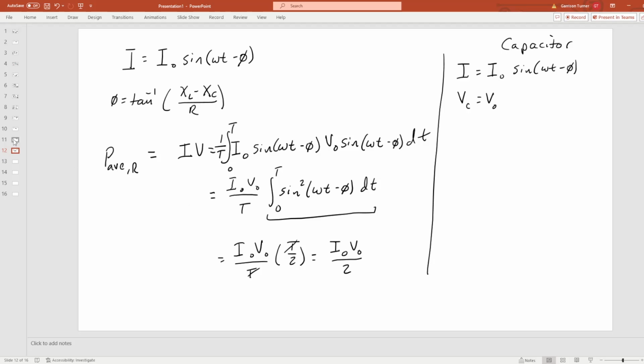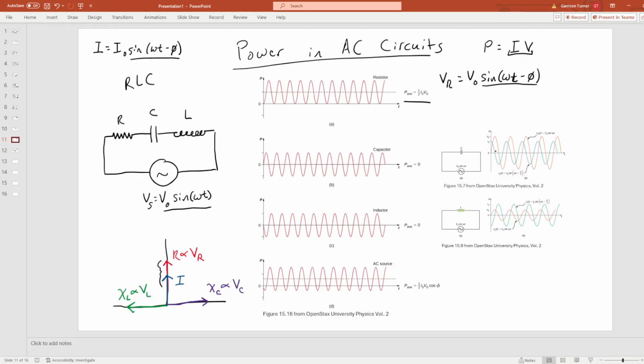Actually, let's come back here. If we call the voltage the sine function, then the current is going to lead that by 90. Okay, so let's write that out like this.